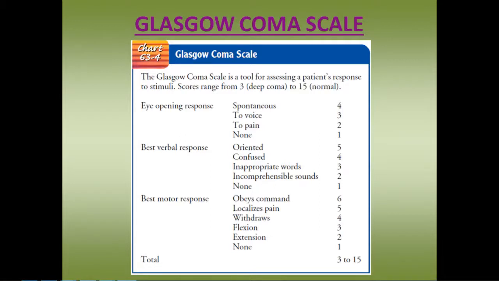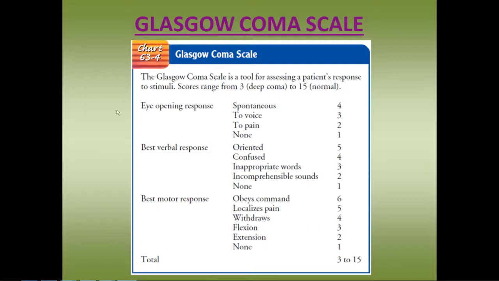If there is no response even after eliciting pain, you give them a score of 1. If you are not able to test the patient because, for example, the patient cannot open their eyes due to edema of the eyes, trauma, or any dressing over the eyes, you should just document it as NT, or not testable.